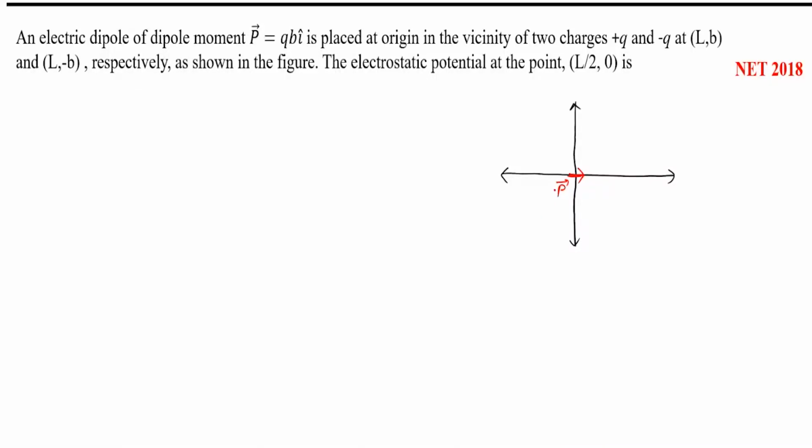And there are two charges: one plus Q at L, B and one here, minus Q at L, minus B. Then they're asking to find the electrostatic potential at the point L by 2, 0.